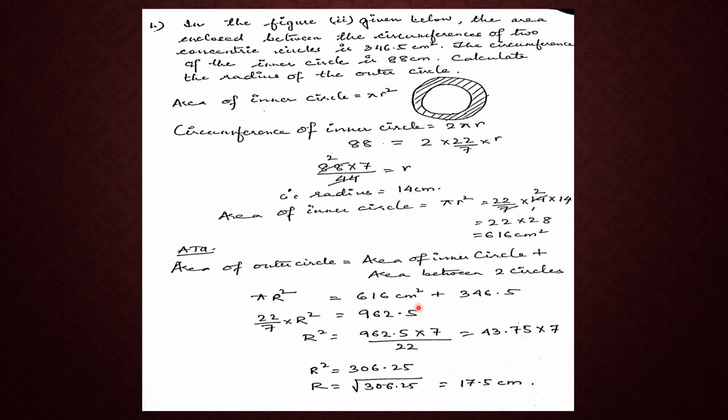On adding the two we get 962.5 centimeter square. So we get r square as 43.75 into 7, that is 306.25. So the radius of the outer circle is 17.5 centimeter.